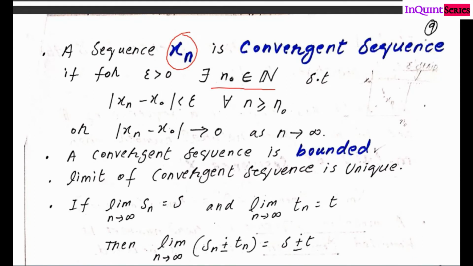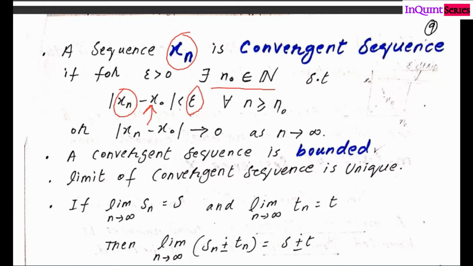So basically in a convergent sequence the distance between the terms of the sequence and this fixed term x naught is less than epsilon, where epsilon is any number greater than 0 but very small.